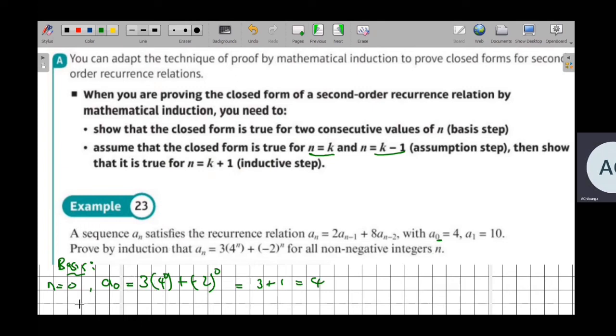You go to n is 1, you're going to have a_1, which is 3 times 4 to the power of 1 minus 2 to the power of 1, which is 12 minus 2, which is 10. So these two statements tell us that the closed form is true for n is equal to 0 and n is equal to 1. All right?